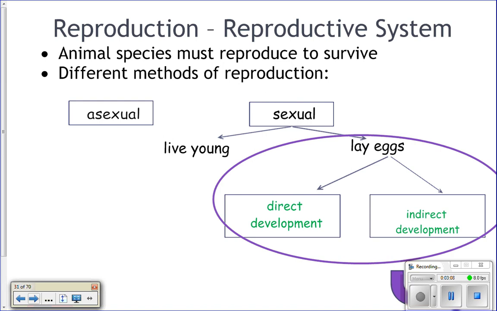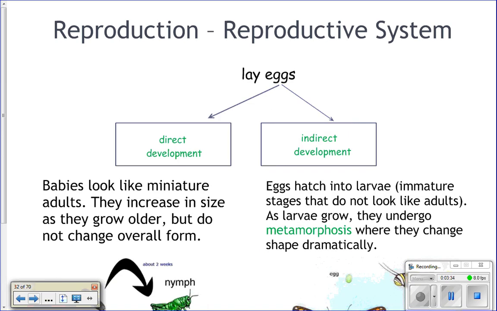We're going to go a little bit more into depth on sexual reproduction. In sexual reproduction, an animal can either have live young or they can lay eggs. If they have live young, then obviously the young are going to pretty much be mini adults. Whereas if they lay eggs, they have a couple of different developmental patterns that can occur, which we'll talk about on the next slide.